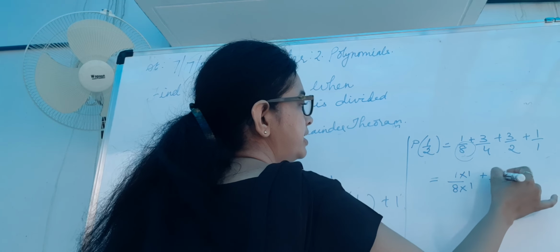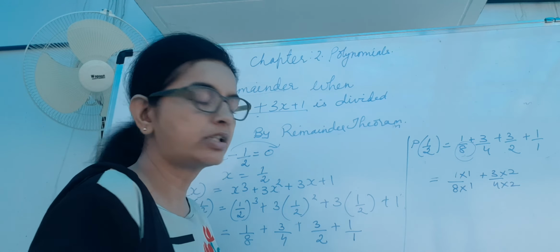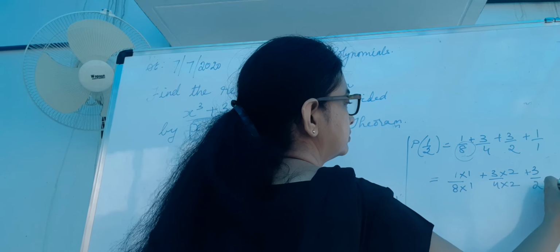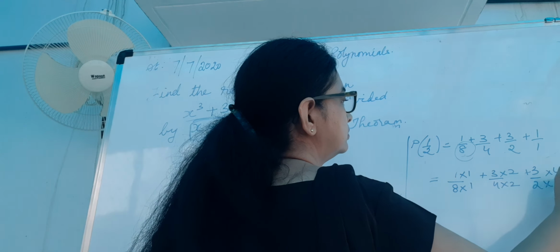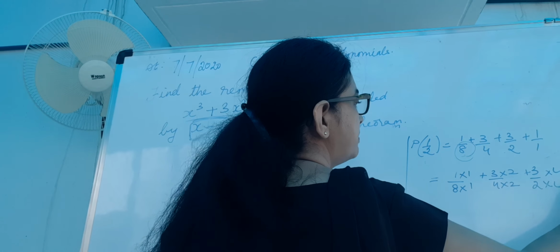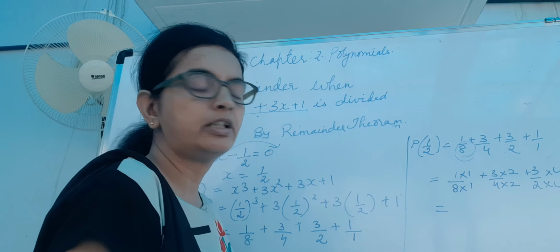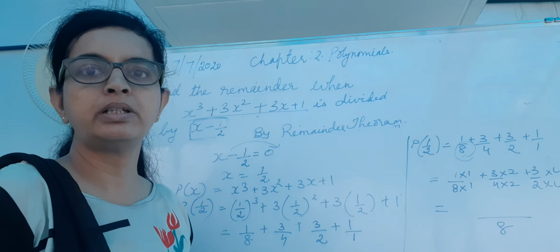4 you have to multiply by 2 both in numerator and denominator to make it an equivalent rational number or equivalent fraction. Here you will multiply 2 with 4 and 1 will be multiplied by 8. So now you are noticing that the denominators are equal and so we take the common denominator 8.